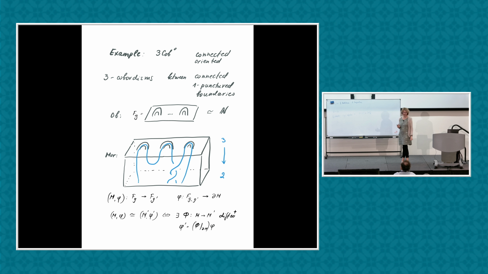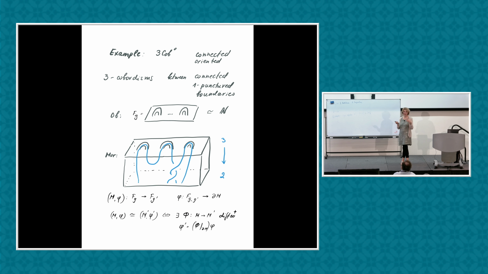I think they first observed that in this category, which I will call 3-Cob0, a category of connected, oriented, three-dimensional cobordisms between connected, one-punctured boundaries. So it's a small part of the usual three-dimensional cobordisms.